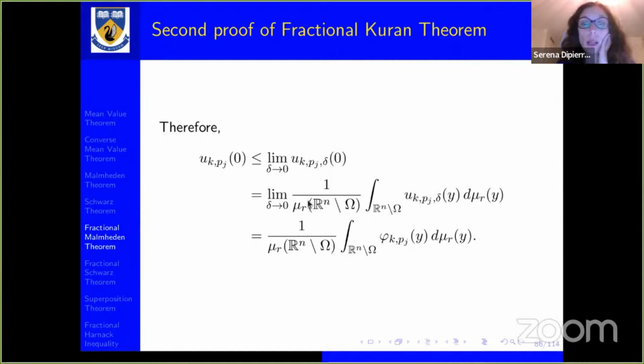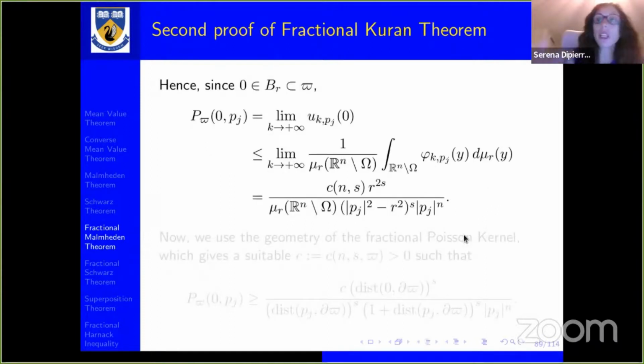So this is equal to 1 over the measure, the integral in the complement of omega. And then we just proved that the limit in delta of this object converges to the integral of phi kpj. Okay, so all in all, I have that UKPJ at 0 is below this object here, this average here.